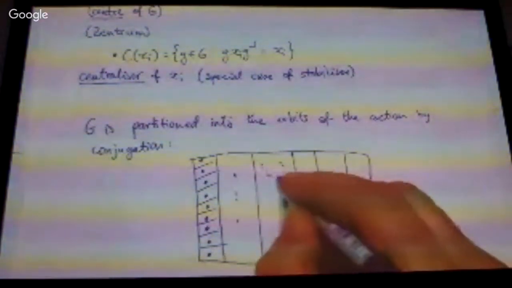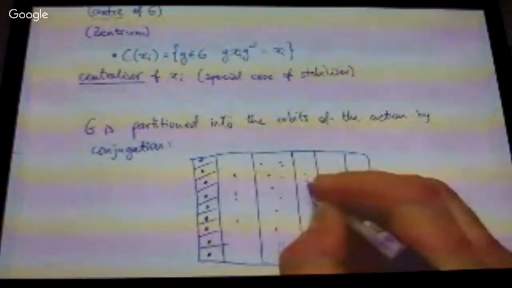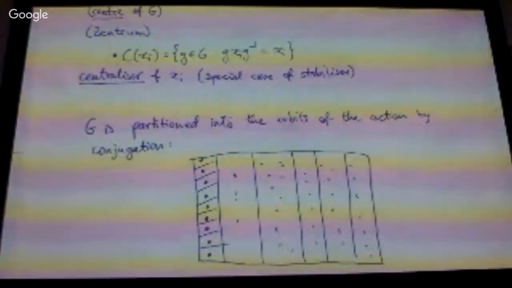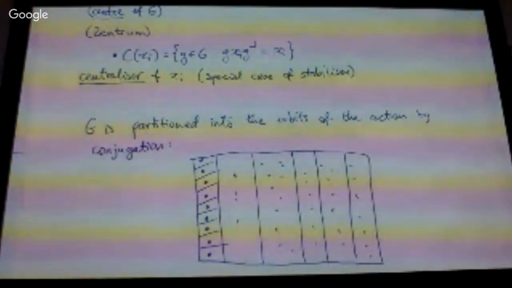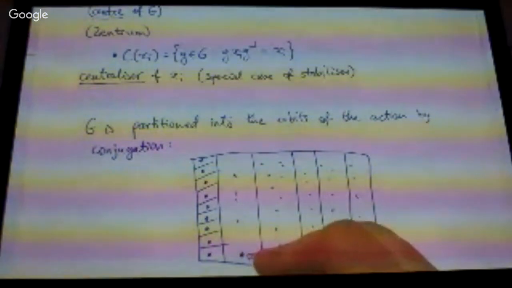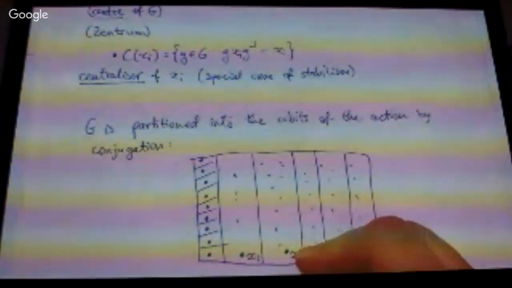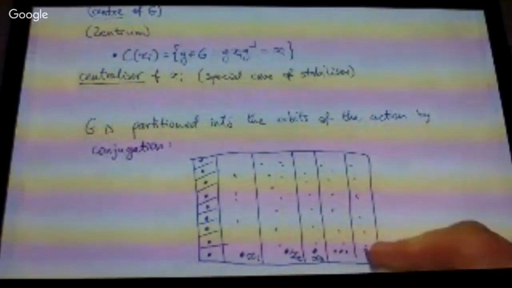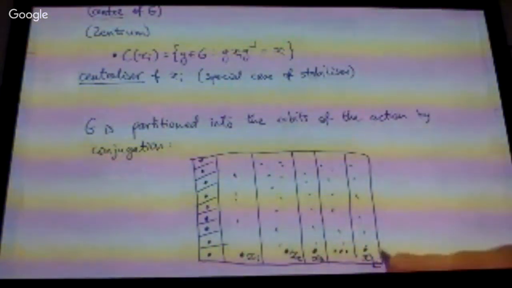And then there are some orbits that have more elements. I put x1 here, x2 there, x3 there, and xk over there.